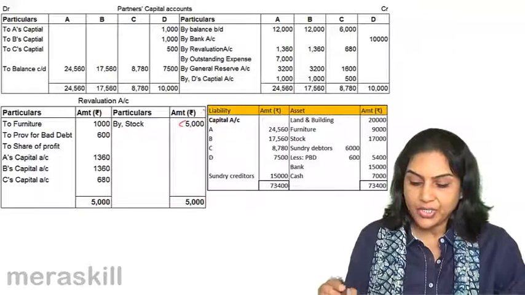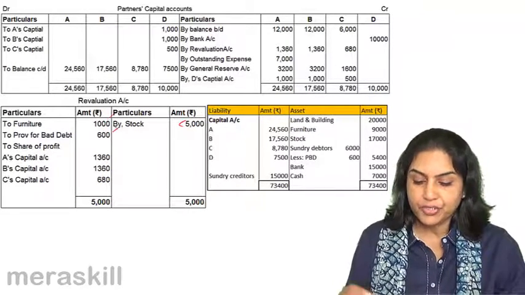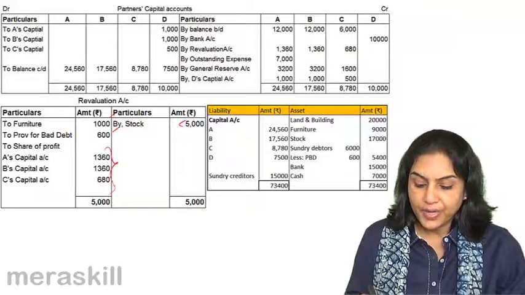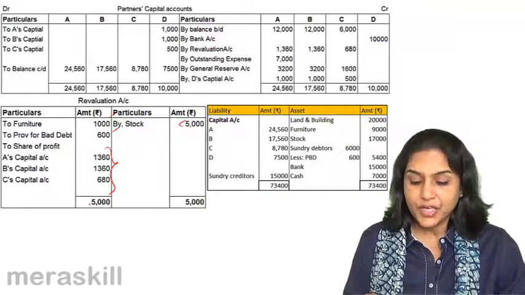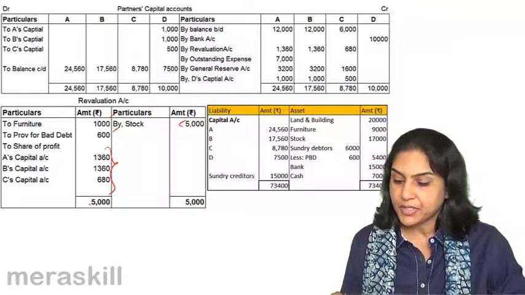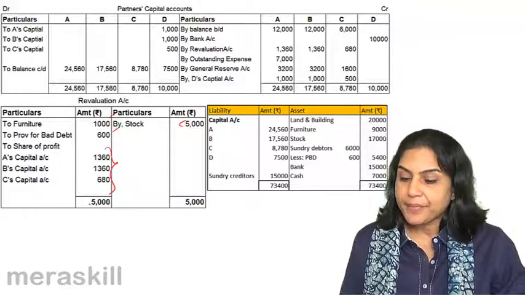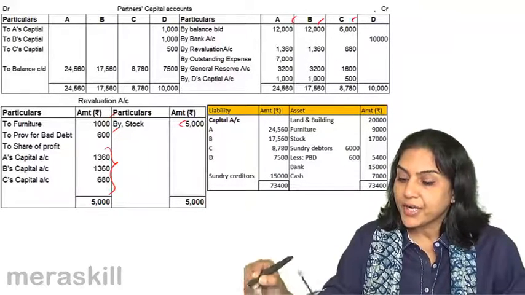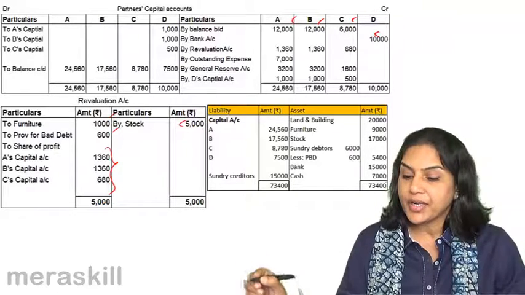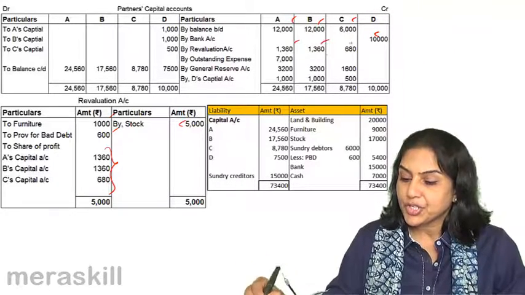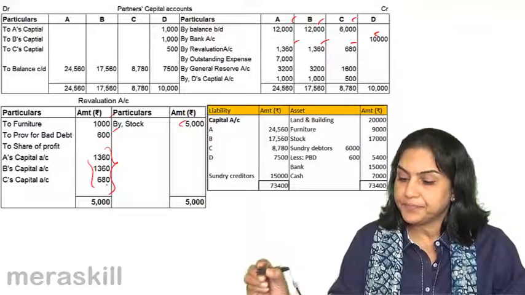Revaluation account by stock to furniture to provision for doubtful debts. So we had 3,400 as the profit. Partners' capital accounts balance has been brought down and D has brought in 10,000. Revaluation as we did, it came from here.